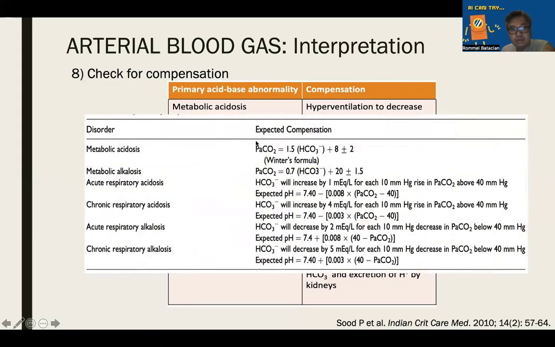And those changes in the compensation would have an expected increase or decrease of these parameters depending again on the primary acid-base disorder. So you have to memorize this table.